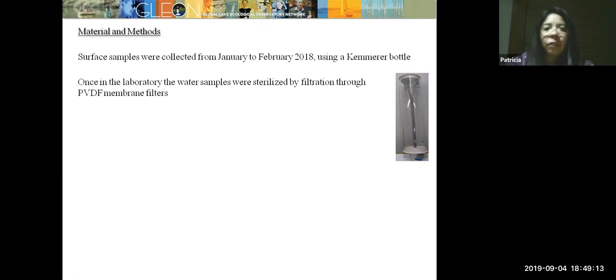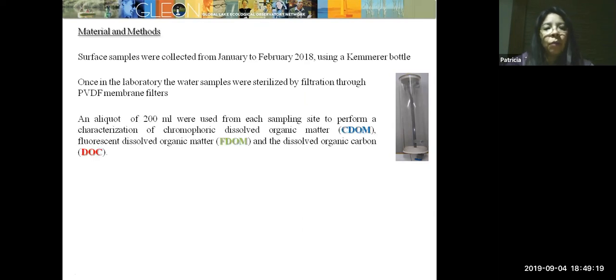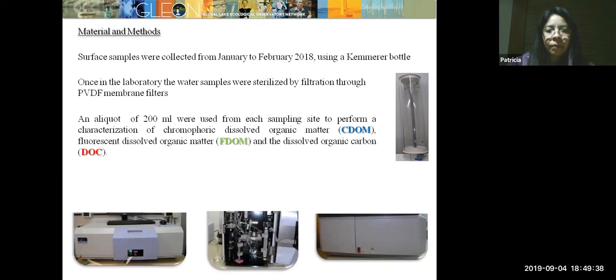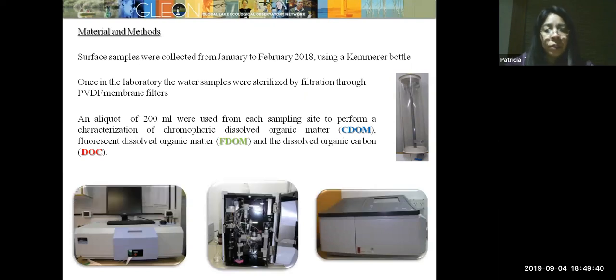Once in the laboratory, we sterilized the samples through filtration and kept an aliquot of 200 milliliters for each sample site, to perform a very accurate characterization of the chromophoric dissolved organic matter and the fluorescent dissolved organic matter. We also measured the dissolved organic carbon, the DOC. This is some of the equipment that we use, available in our laboratory.